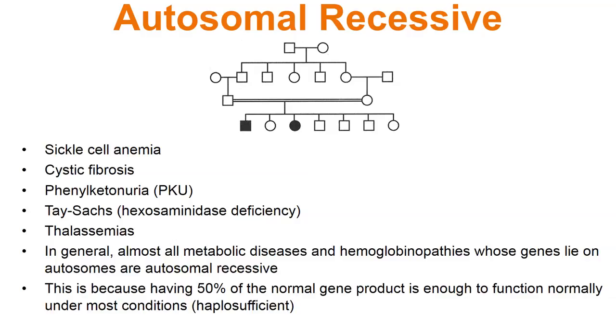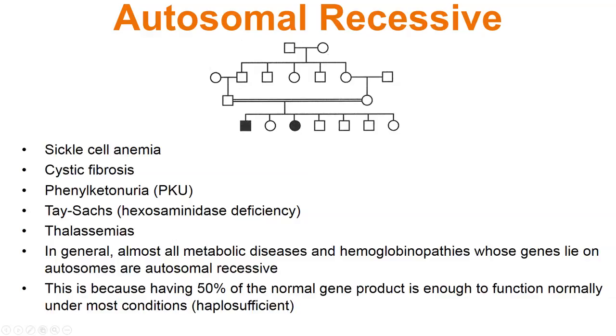I don't know if you've seen Tay-Sachs yet. If you haven't, you definitely will, but it's an example of a lysosomal storage disease. All of those lysosomal storage diseases, just like all the glycogen storage diseases, are autosomal recessive. In a handful of cases you'll find an X-linked one, but unless that's pointed out, then it's autosomal recessive.